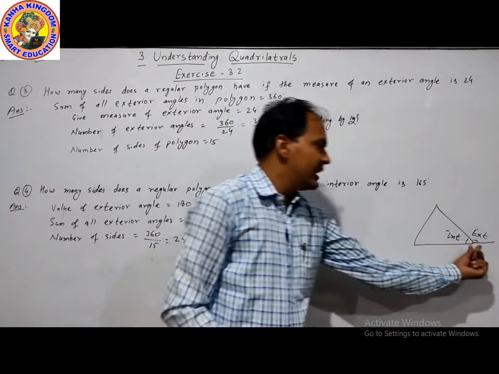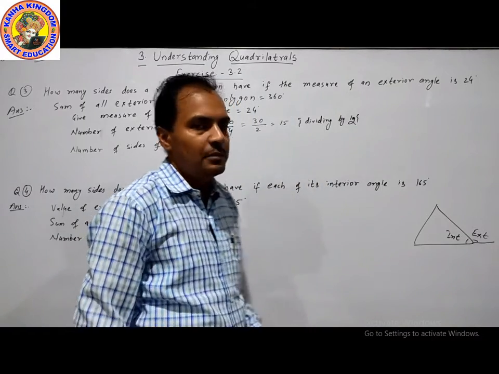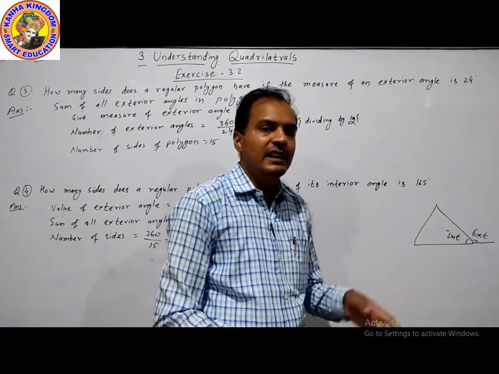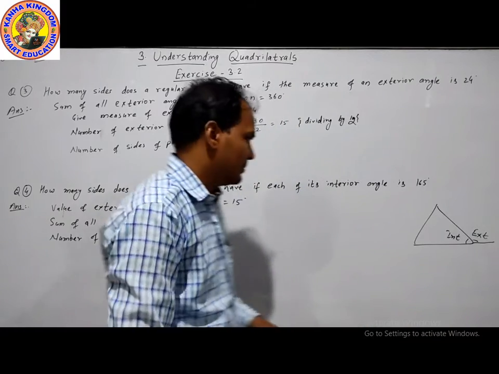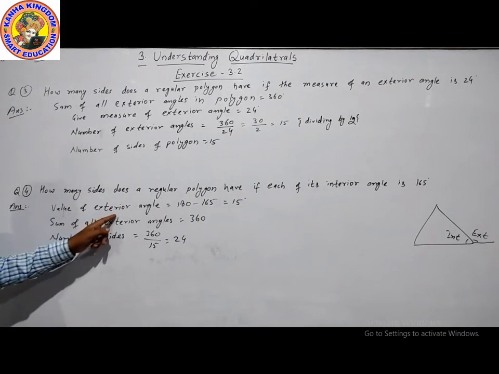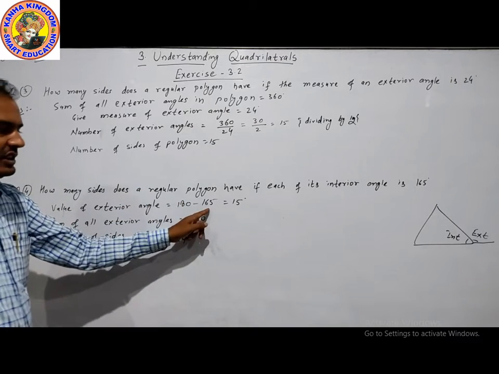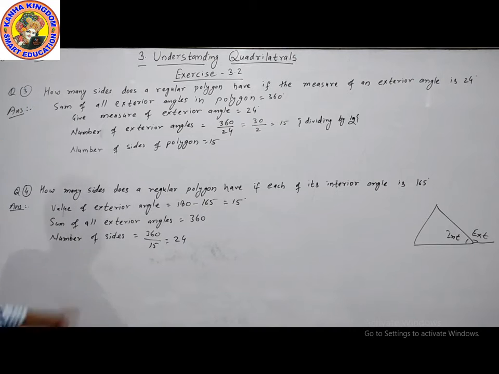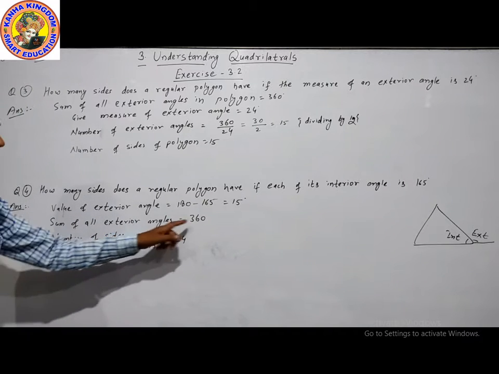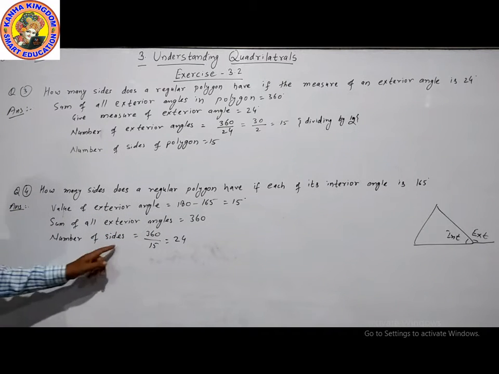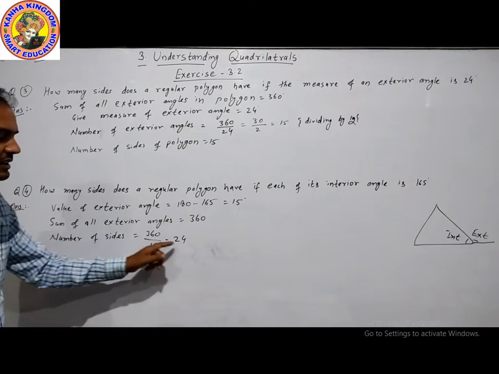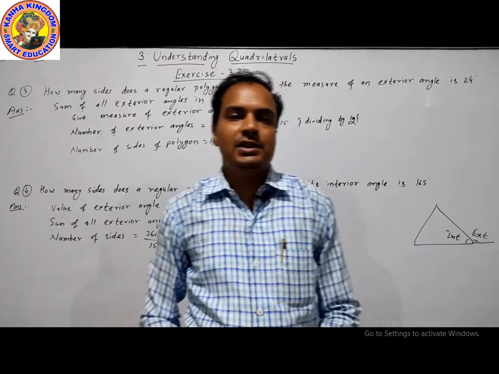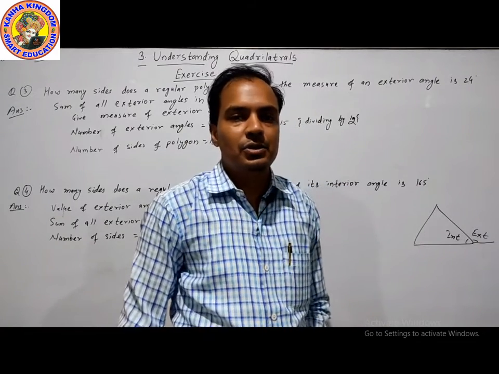So interior and exterior are linear pair angles. The linear pair definition is that the sum of these is 180 degrees. So the exterior angle value is 180 minus interior. Interior is 165. The answer is 15. Now the sum of all exterior angles is 360. The number of sides is equal to 360 by 15. The answer is 24. You can take a screenshot of this. We will move to our next question.